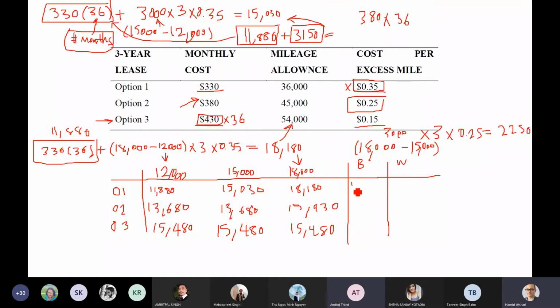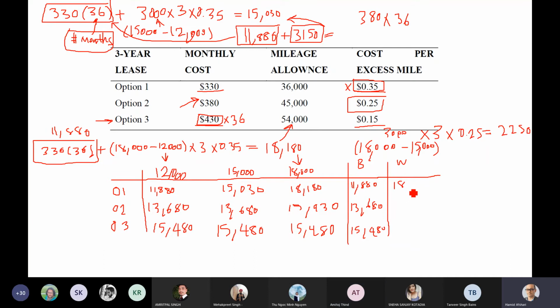The lowest. Yes, I should go with the first leasing option. And what about here? 13,680. That's right. And here is 15,480. Great.